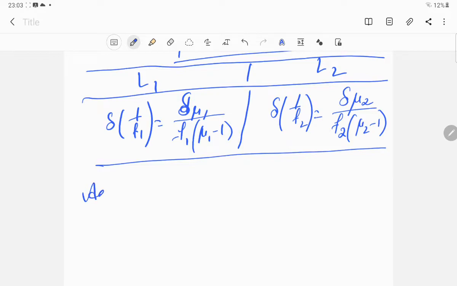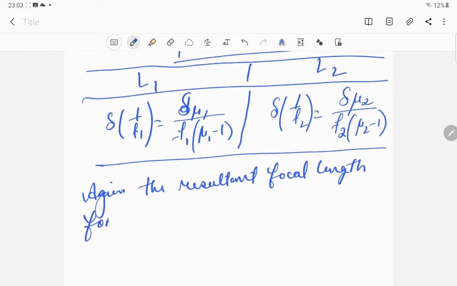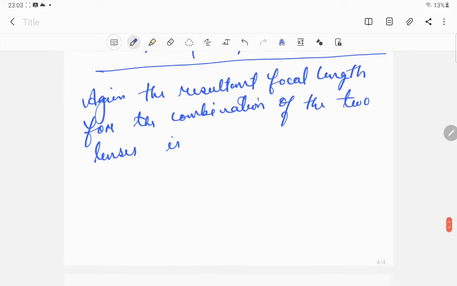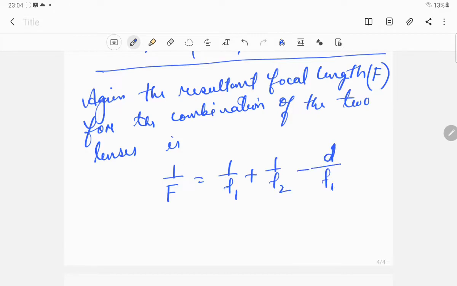Again, the resultant focal length for the combination of the two lenses: you know that when there are two lenses separated by a distance, the resultant focal length, which I will denote by capital F, is given by 1/F = 1/f1 + 1/f2 - d/(f1 f2).